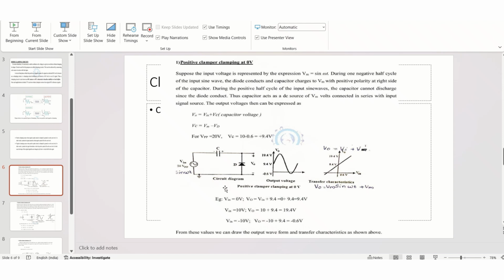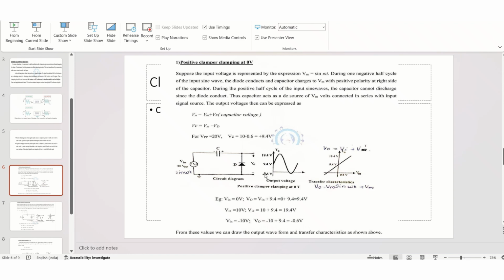Here the cut-in voltage is expressed in some textbooks as 0.7 and in some as 0.6. Unless otherwise specified in the question paper, we can use either one; both are correct, 0.7 or 0.6 knee voltage or cut-in voltage of the diode.